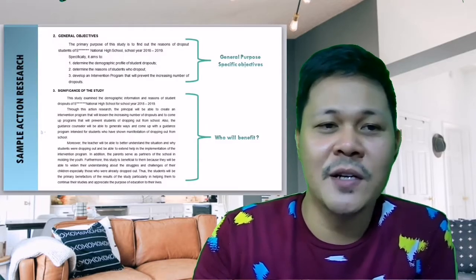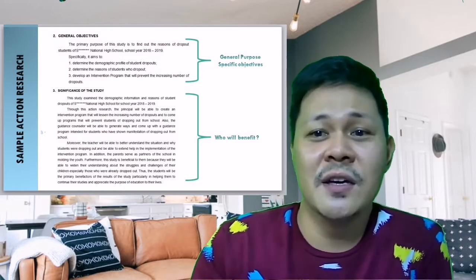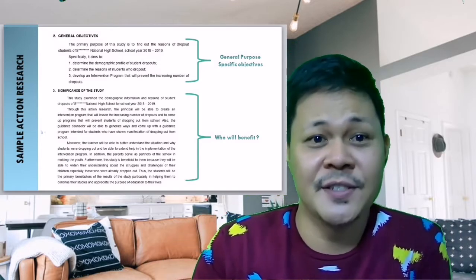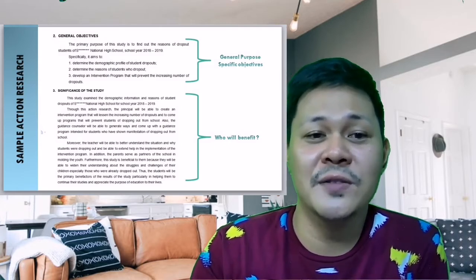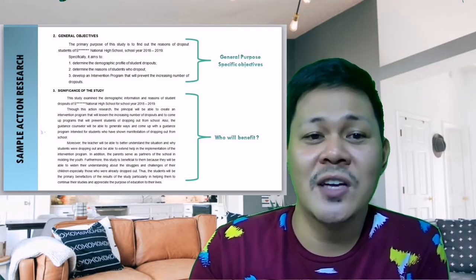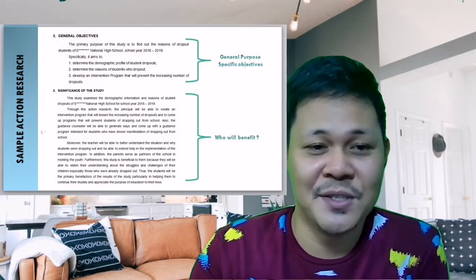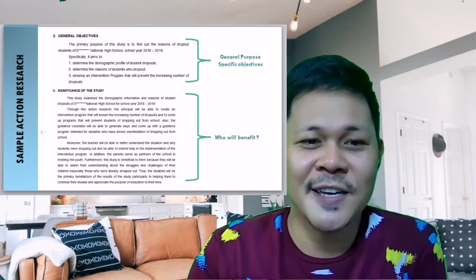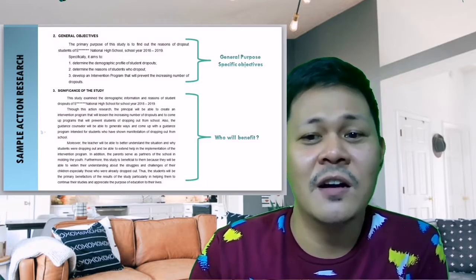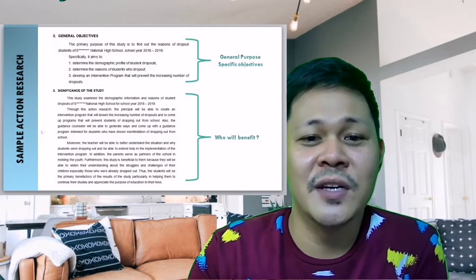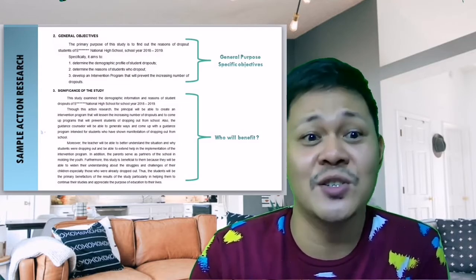For the next part, which is the general objectives, you are going to give the general purpose. At the same time, you are going to specify each of the specific objectives. Next is the significance of the study. Here, you are going to explain who will benefit from this action research.